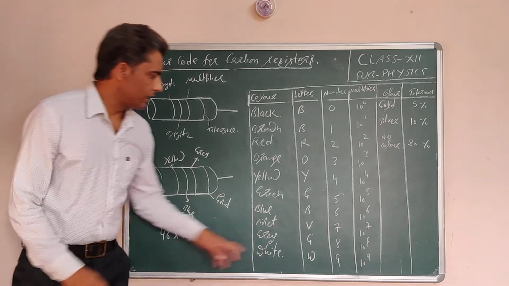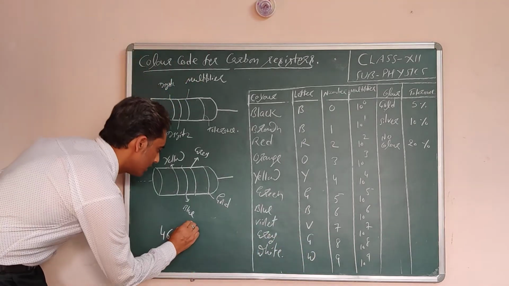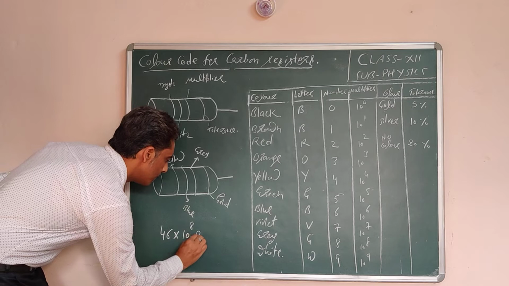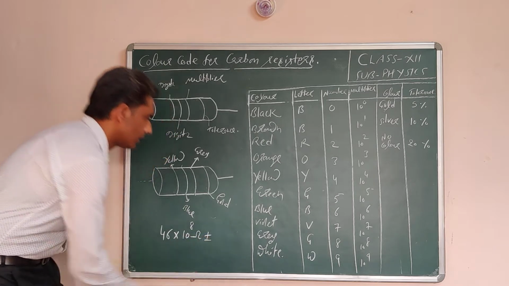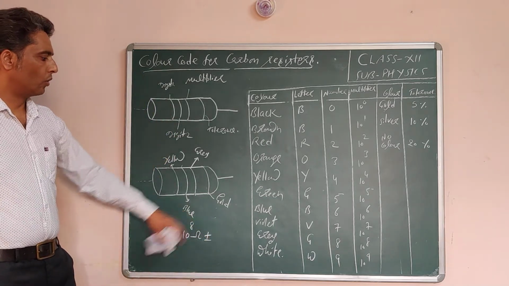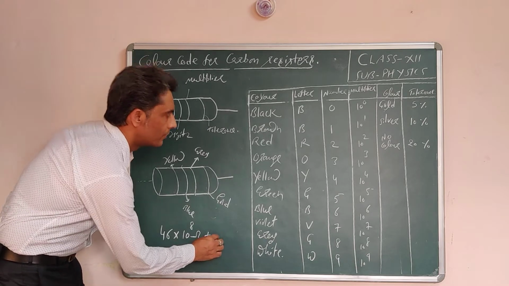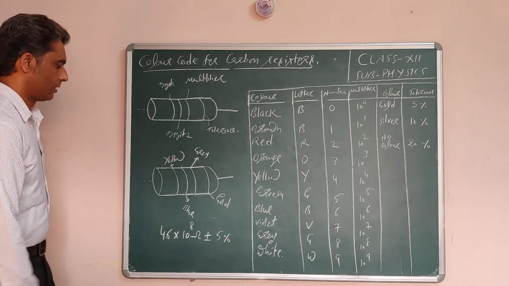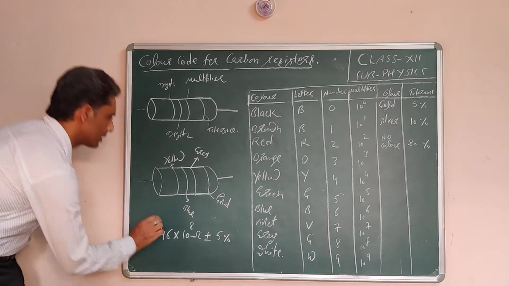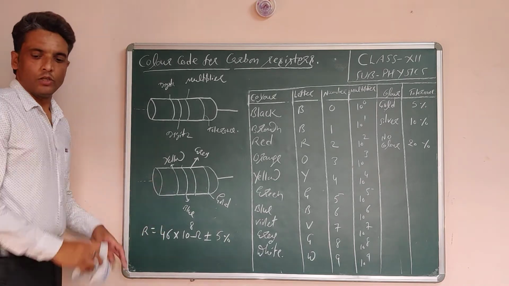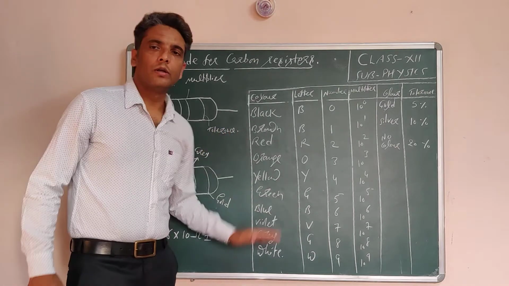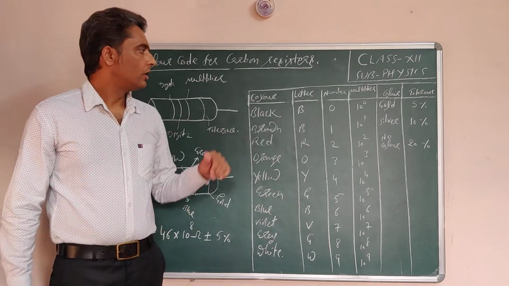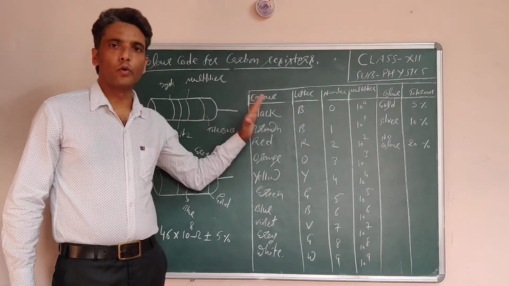The number for gray is 8. So 8 ohm plus minus. The tolerance for this gold is 5%. So I write here 5%. So this is the value of resistance for this resistor. So this is the method for finding resistance using color coding.